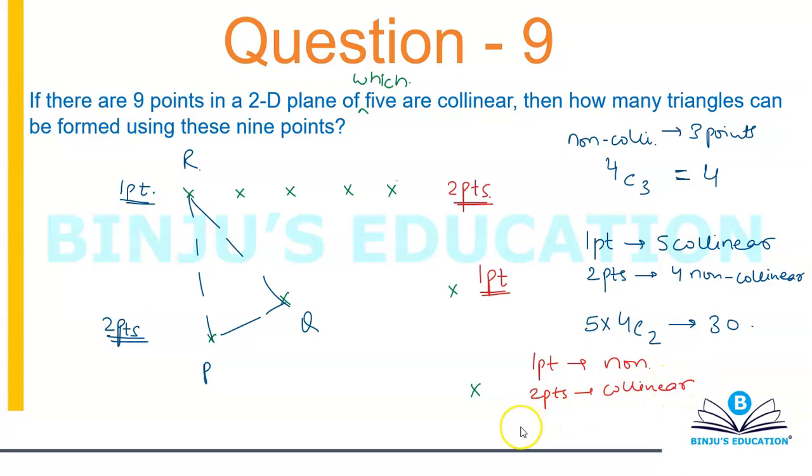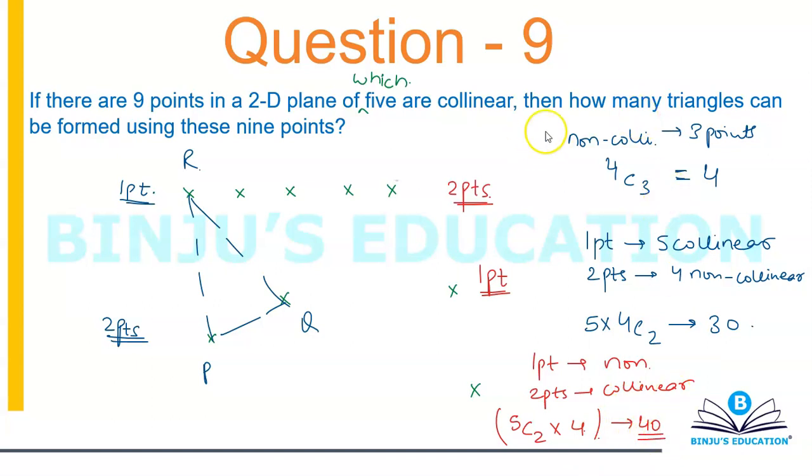So it's going to be 5C2 multiplied by 4. So 5C2 is 10, 10 into 4 is 40.